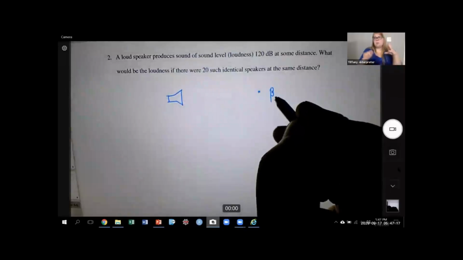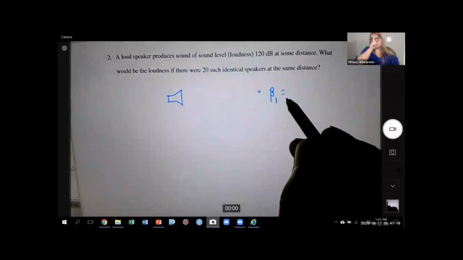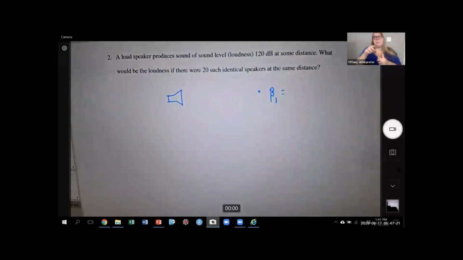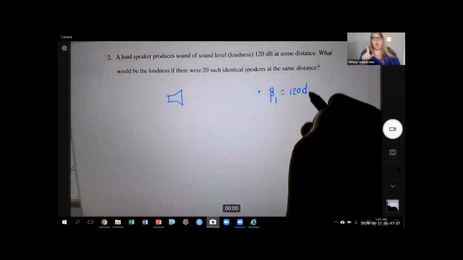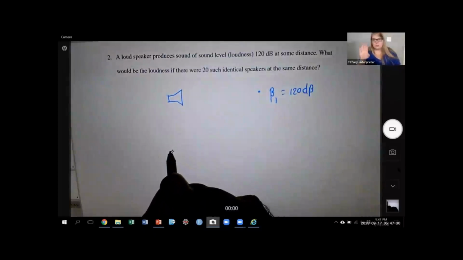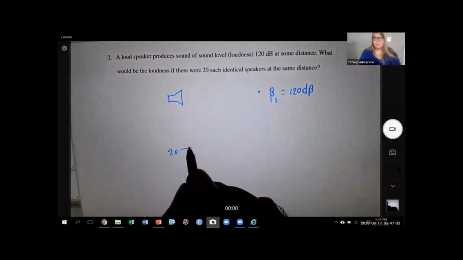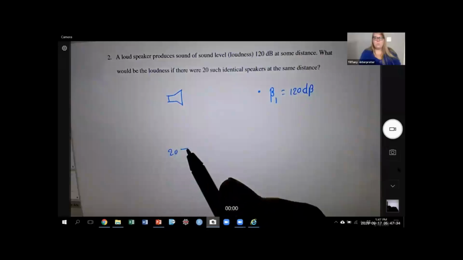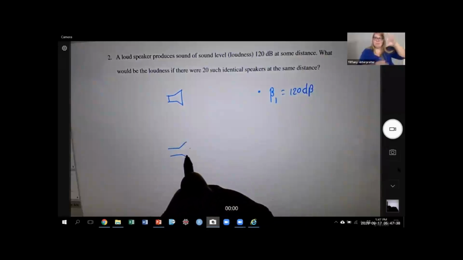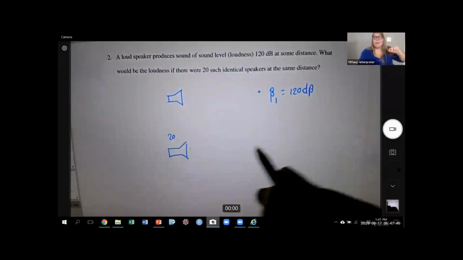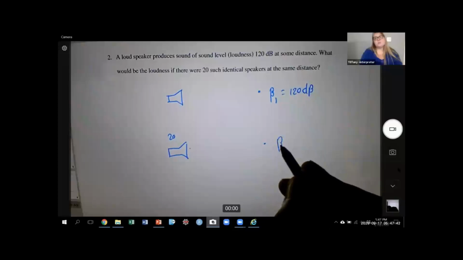Let's say initial, beta 1, the loudness in decibel scale produced by a single speaker is 120 decibel. Now, if you have 20 such identical speakers, 20 of them at the same distance, what is the new decibel?